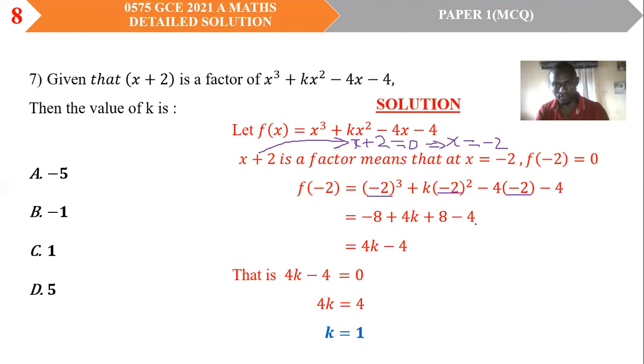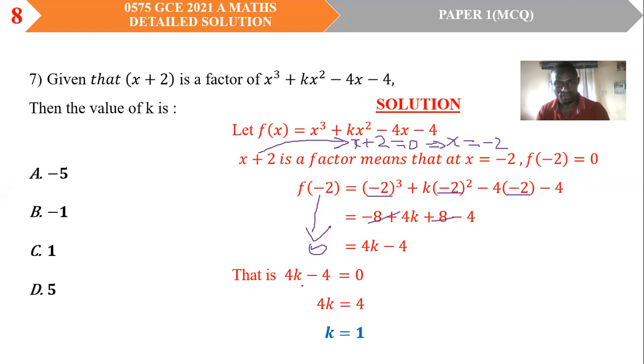And -4 is maintained. So -8 plus 8 gives 0. We're left with 4k minus 4. But by factor theorem, we're saying that f of -2 is supposed to be 0.